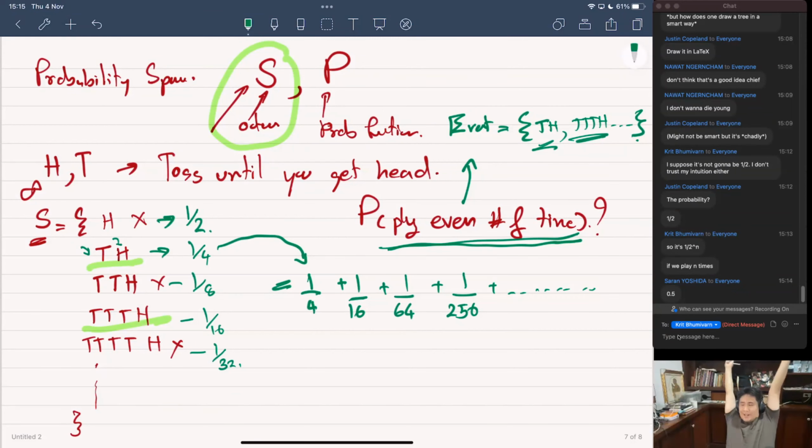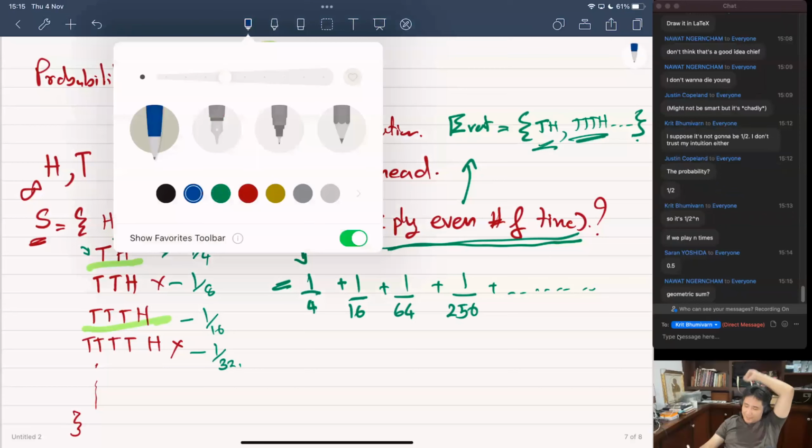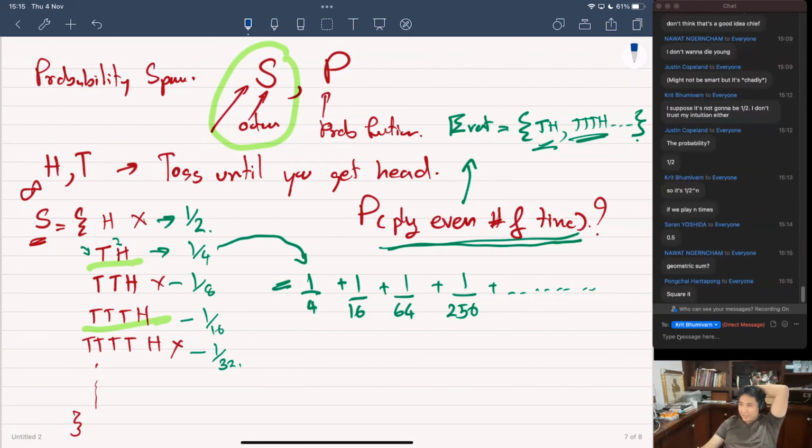So how do we do this? Yes, it's a geometric sum. So what do we do with the geometric sum? How do we solve it? Square it?